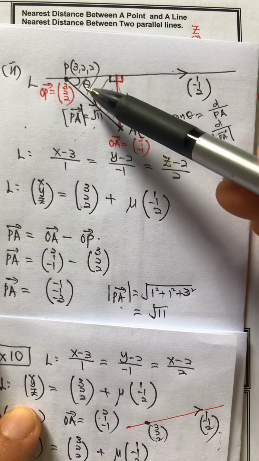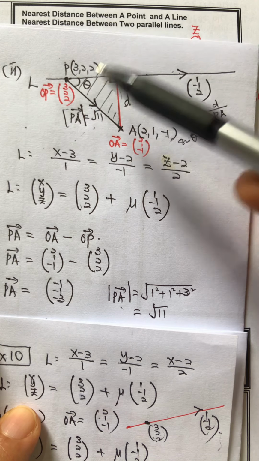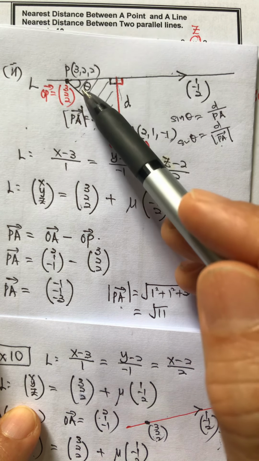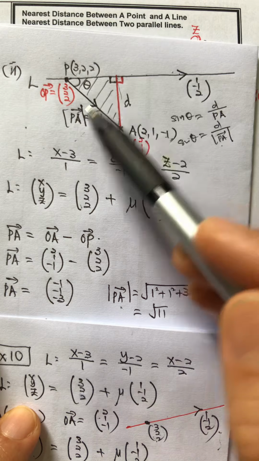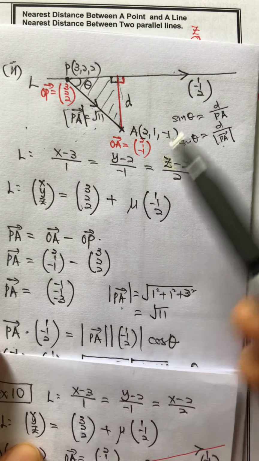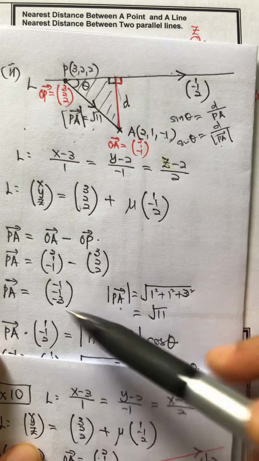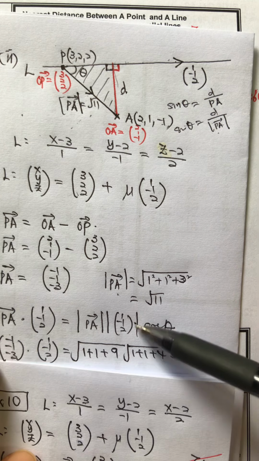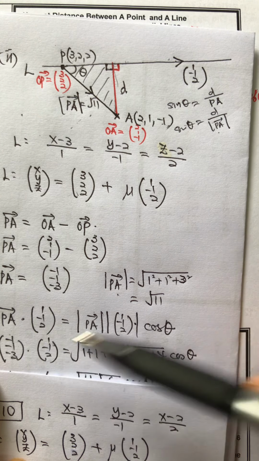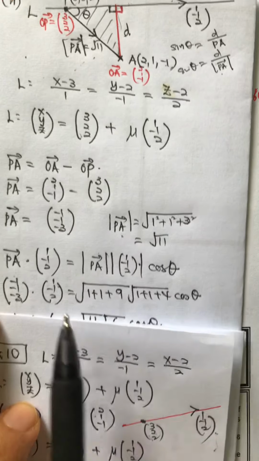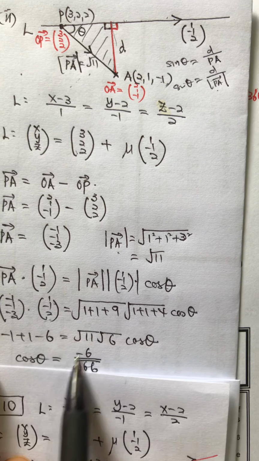Now the next thing I'm going to do is find theta. So how to find theta, the angle between two vectors? I just dot. I take PA, I dot with this, then magnitude PA, magnitude of this one, cos theta. You know how to dot. This one we have learned already. So you dot, you get this.